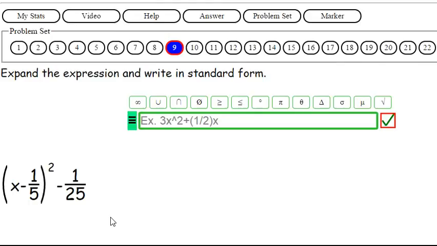x minus a fifth quantity squared minus 1 over 25. Got it. So we have x minus 1/5 quantity squared minus 1 over 25.